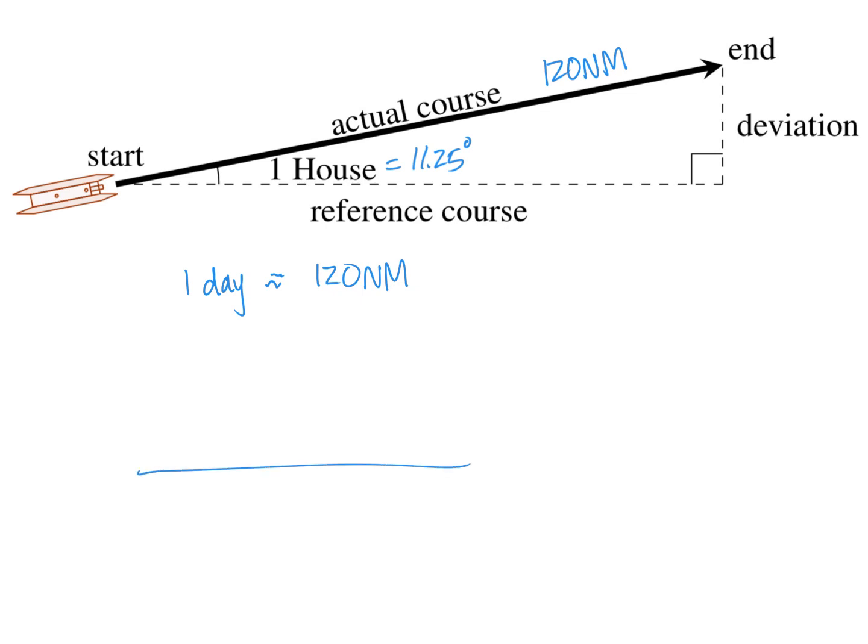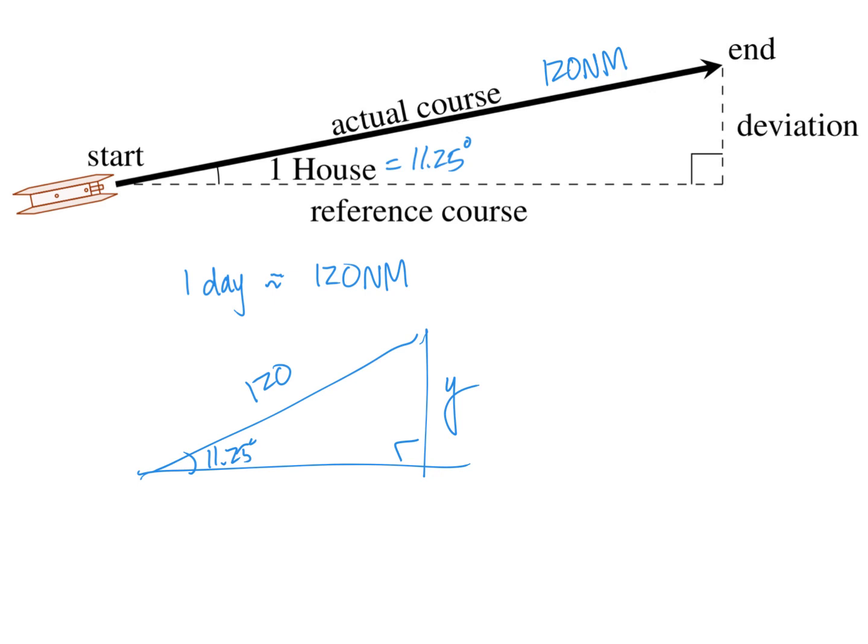So let me redraw this triangle. We have a right triangle where the hypotenuse is 120. That's how far we've traveled. We know that our base angle is 11.25 degrees, and it's a right triangle. We want to find how far we've deviated, and let's call that y. So how far off are we from that reference course?